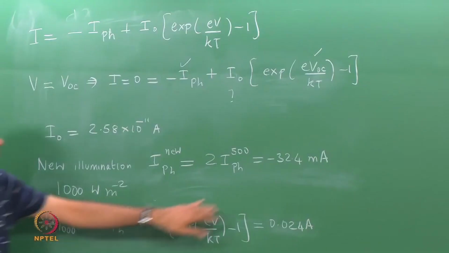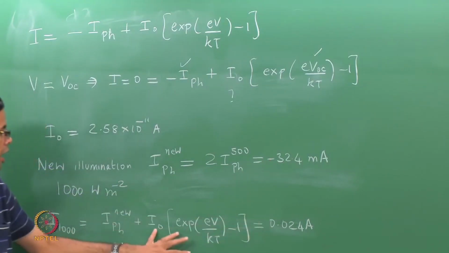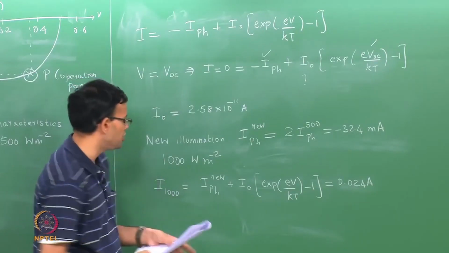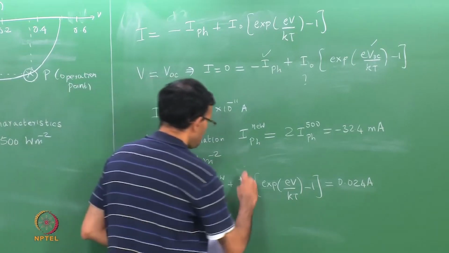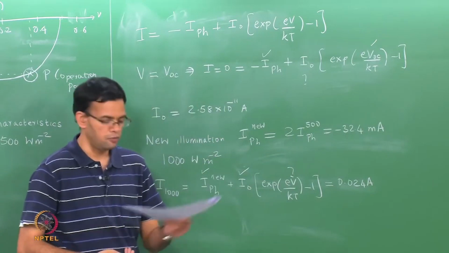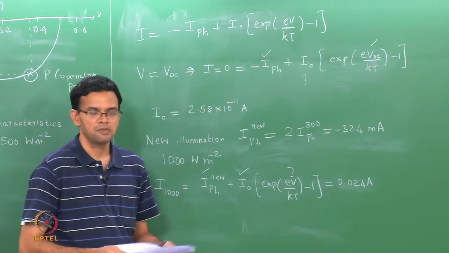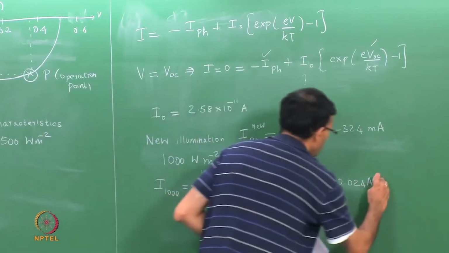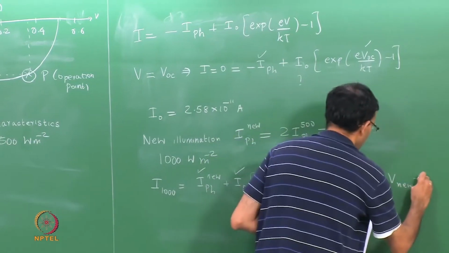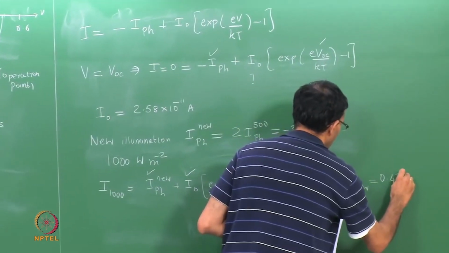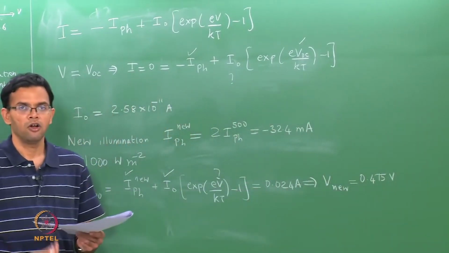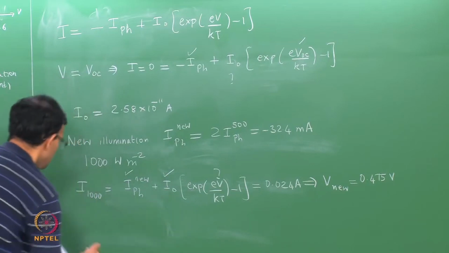So, IPH nu we have just calculated, I naught is something we calculated from the data for 500 watts per meter square. So, this is known, this is known, the only unknown is the new operating voltage. So, we can make the substitutions so that the new voltage V nu is equal to 0.475 volts.